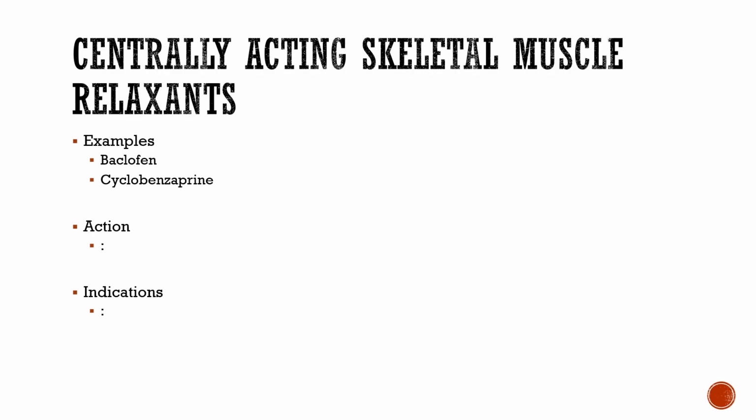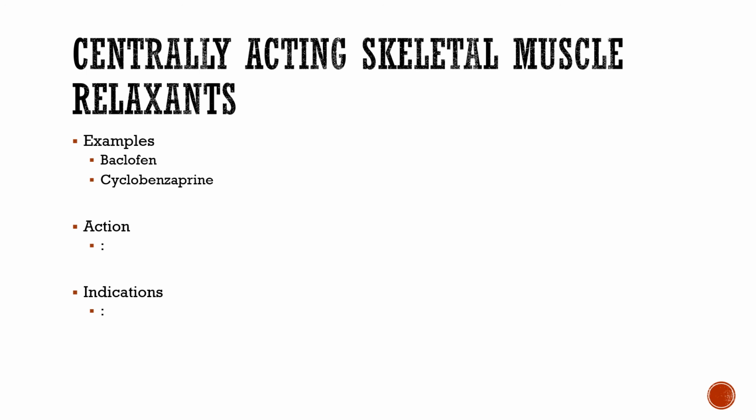So our centrally acting skeletal muscle relaxers: cyclobenzaprine, tizanidine, baclofen, those are the common ones. There are others for sure. You will see baclofen and cyclobenzaprine quite often. The way they work is in the CNS.